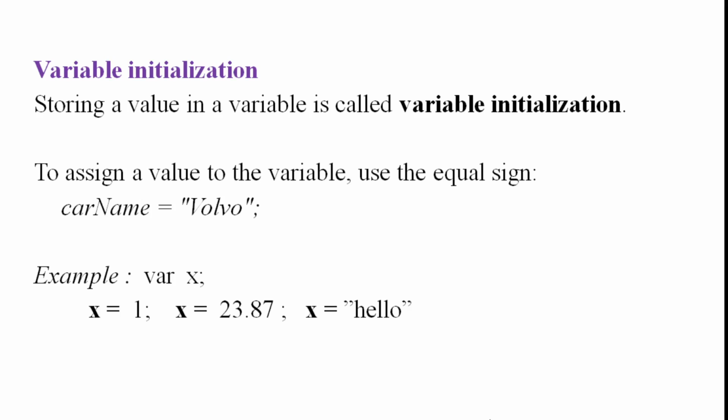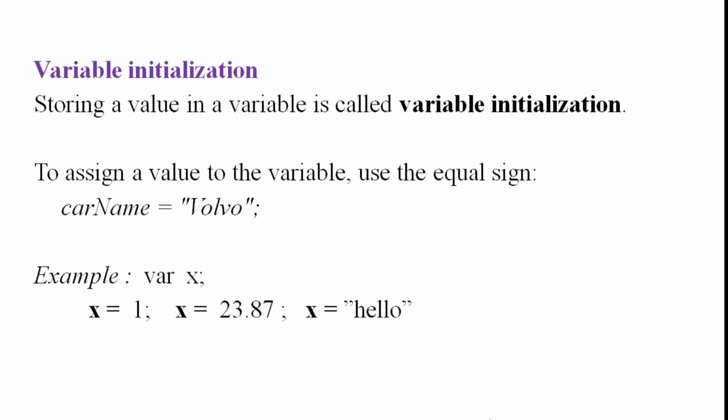Variable initialization can be done at the time of variable creation or at a later point in time when you need that variable. We can initialize at variable creation time, that is x equals 1 directly, or else later we can specify it. To assign a value to the variable, use the equal sign.